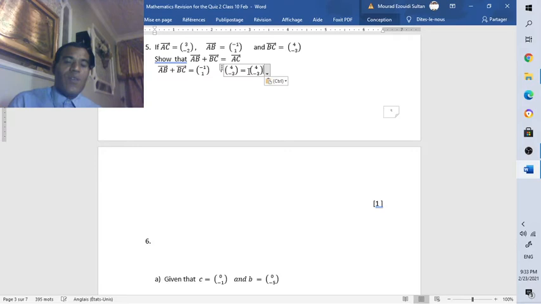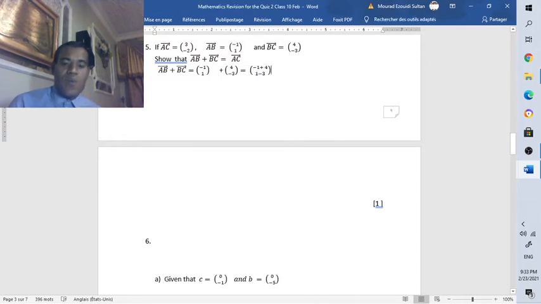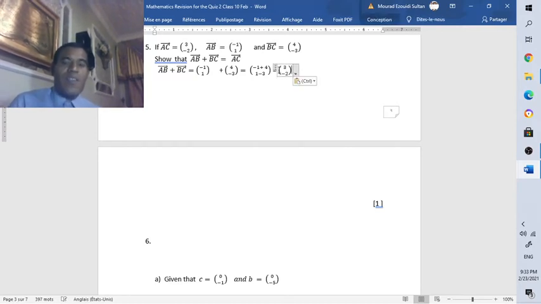Then this one is equal, just add the components of these two vectors, -1 plus 4. Then here it will be 1 minus 3, which is equal, my learners, to the column vector 3, -2. Okay, which is equal to what, my learners? In fact, it is equal to AC.